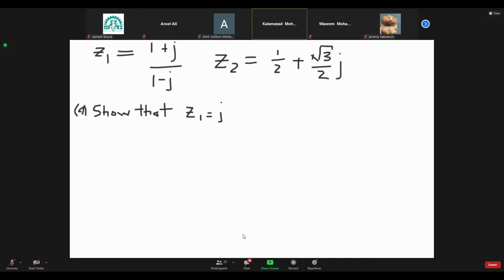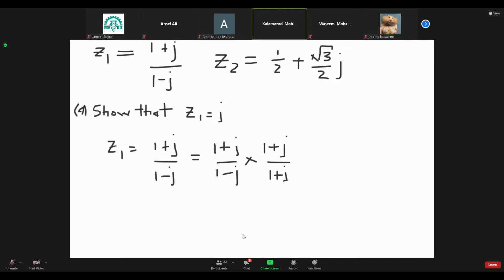So Z1 is equal to 1 plus J over 1 minus J, which is equal to 1 plus J multiplied by 1 plus J over 1 plus J. Right?